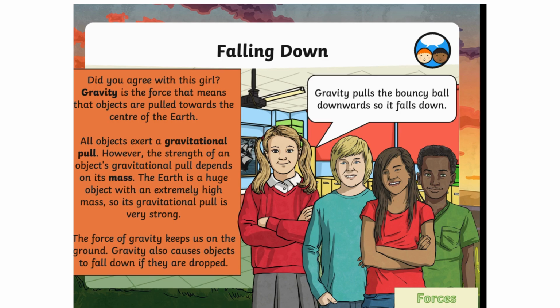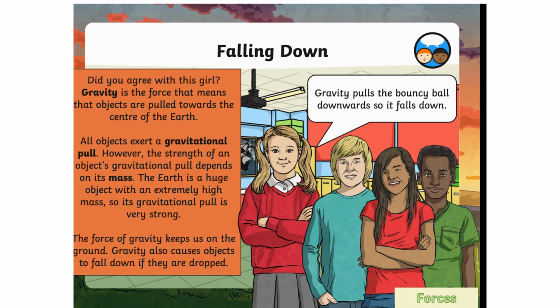So, gravity is the force that means that objects are pulled towards the center of the earth. All objects exert a gravitational pull. However, the strength of an object's gravitational pull depends on its mass.